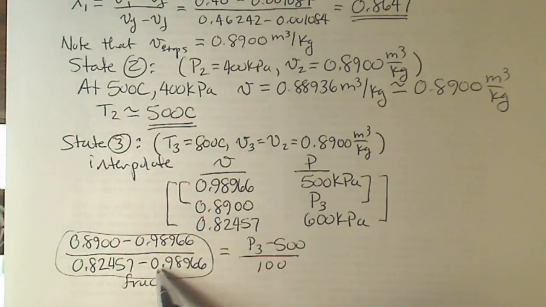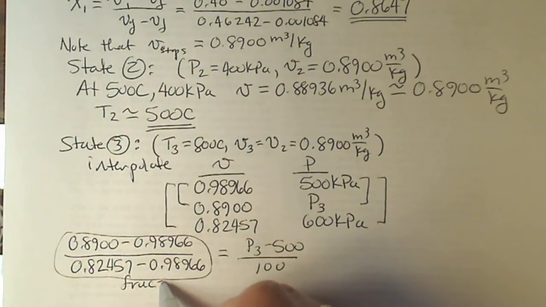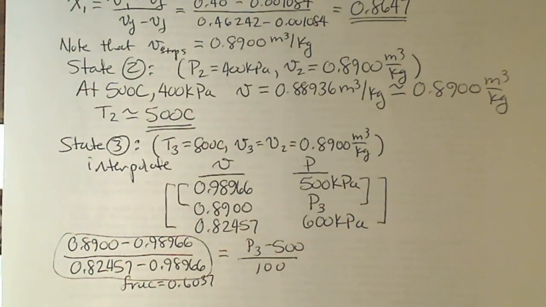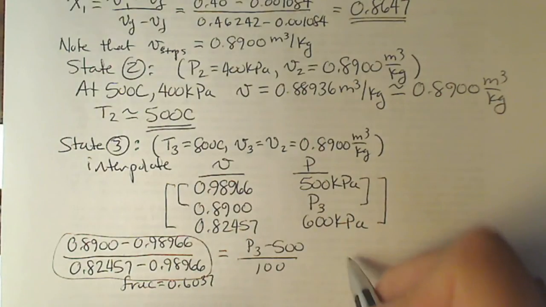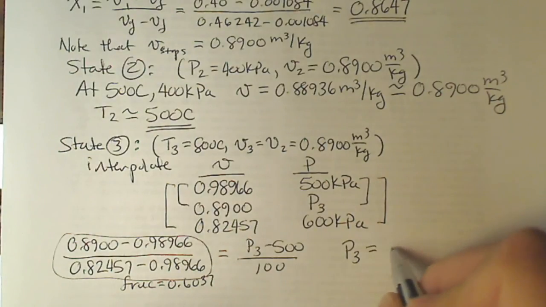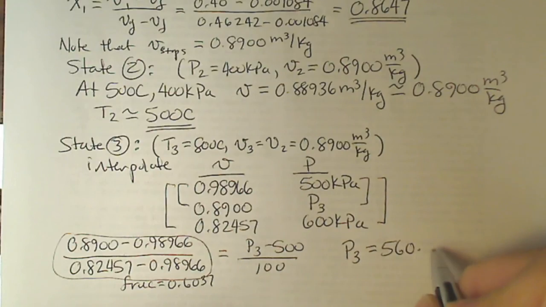The fraction I get to be 0.6037, and when I multiply that times 100 and add to it 500, I get that P3 is 560.4.